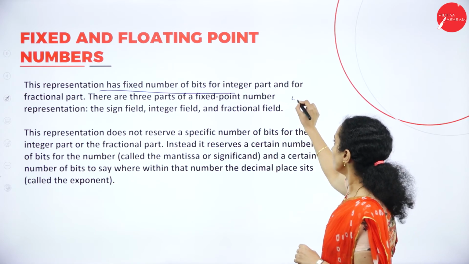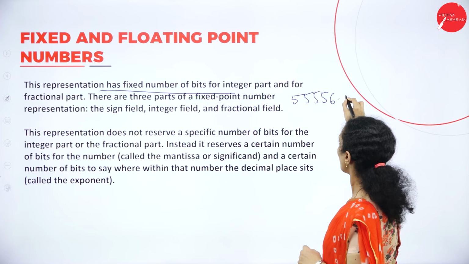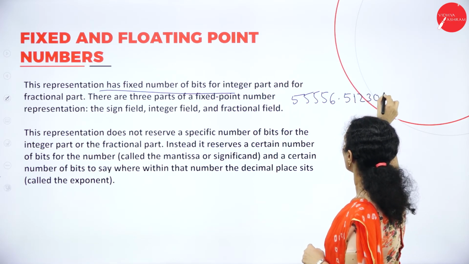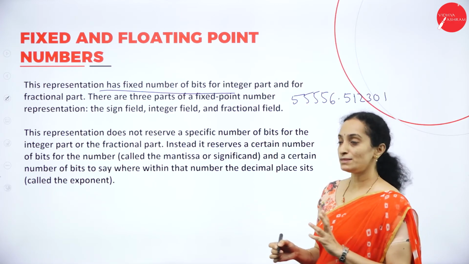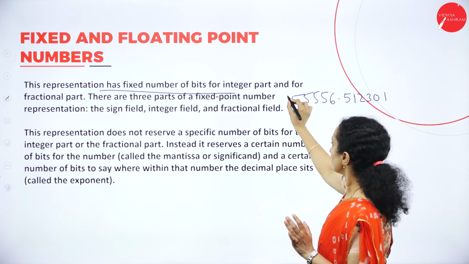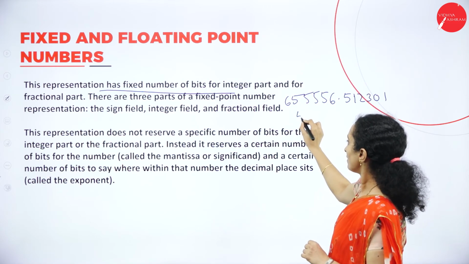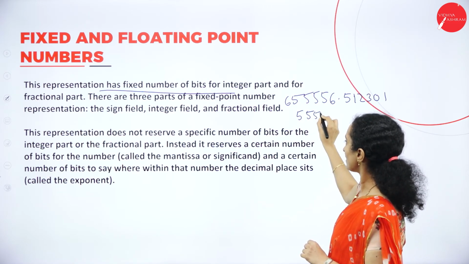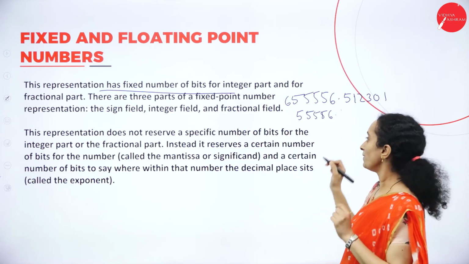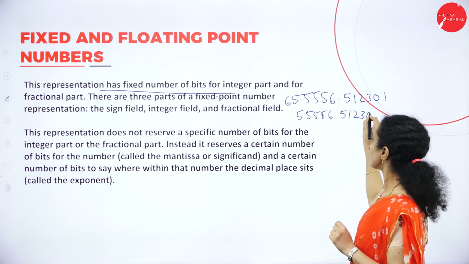Like if you have 555.6512301 and the limit is only 4 or 5 digits fixed, the extra digits will be discarded, because the number of bits is reserved in a fixed number system.